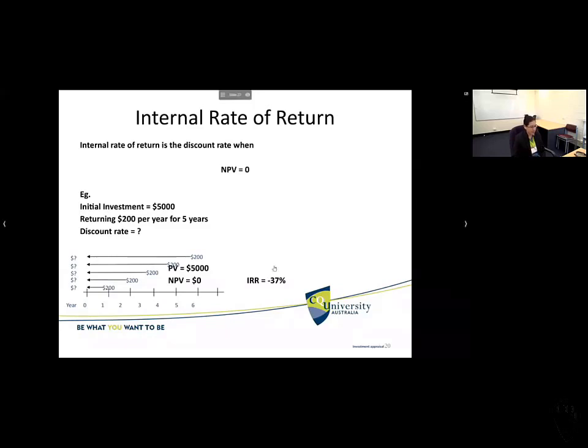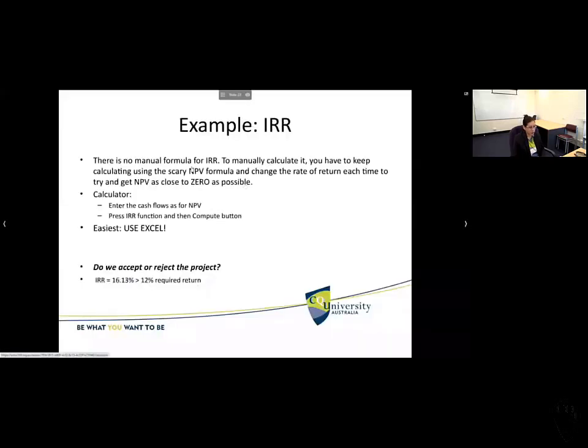Okay, now again, for the maths people out there, there is no manual formula for internal rate of return. To manually calculate it, you have to keep calculating using that scary looking net present value formula we looked at before, and change that rate of return each time to try and get your net present value as close to zero as possible.